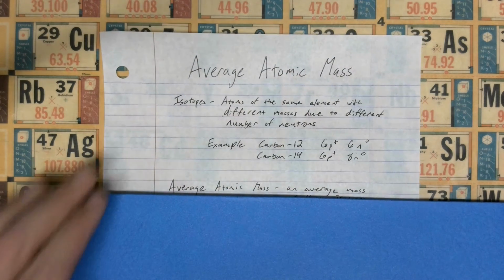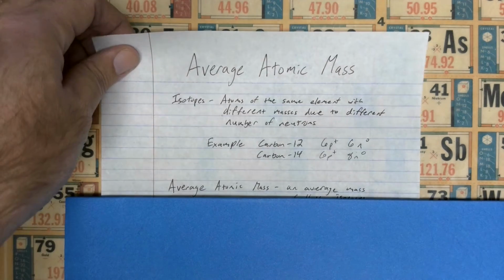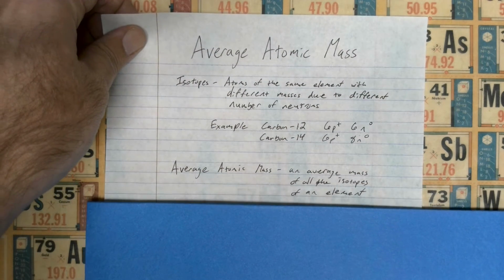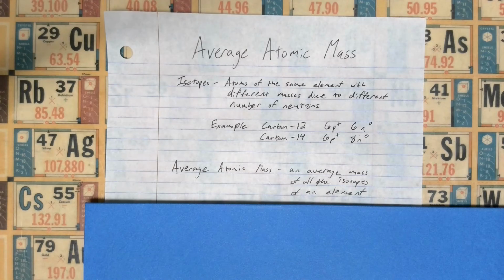So what we can do with these mass numbers and with these isotopes is we can actually get an average atomic mass for a sample of that particular element. So if I took a sample of carbon in nature, you would have some of the atoms being carbon-12, some being carbon-13, some being carbon-14.